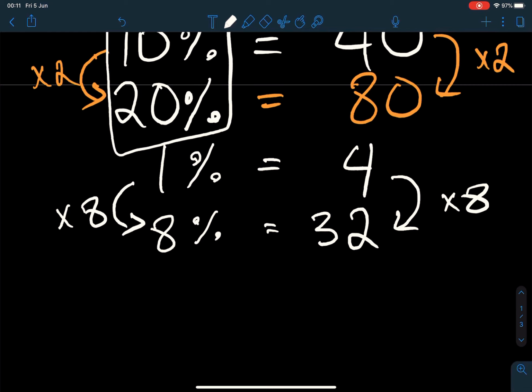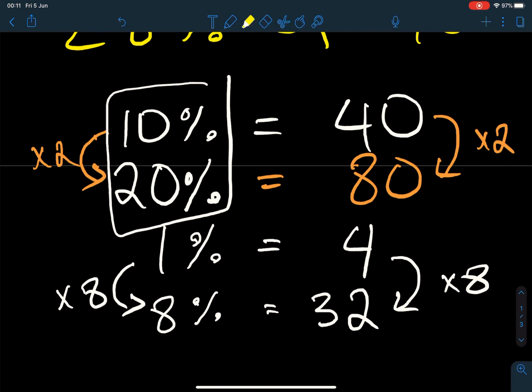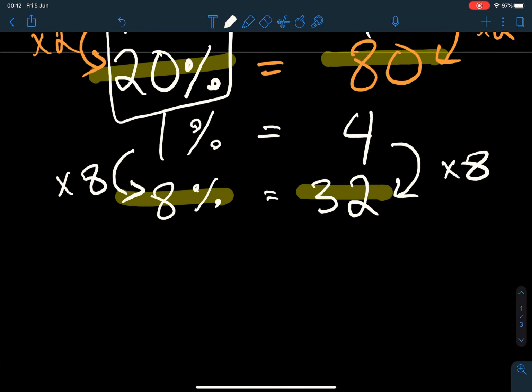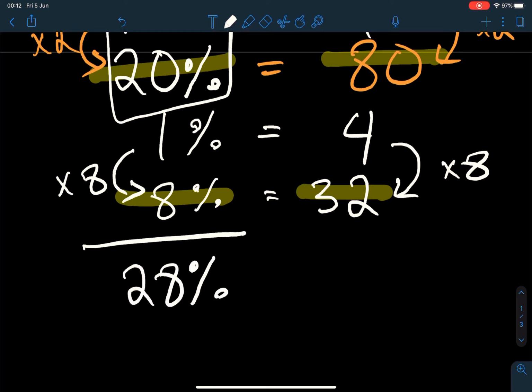Now I've got everything here in order to work out 28%. I've got 20% and I've got 8%, which altogether adds up to 28%. So if 20% is 80 and 8% is 32, it must mean that 28% would be when I add these two values.